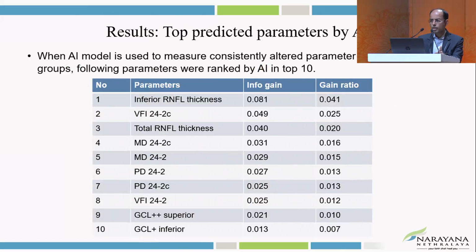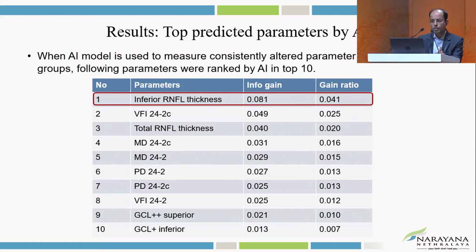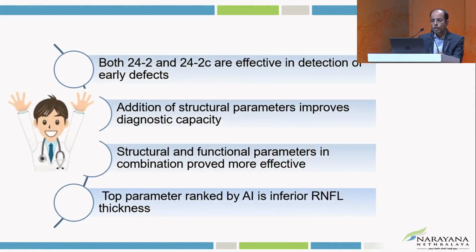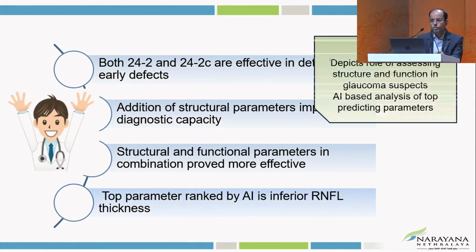When we study the top 10 ranked parameters, the inferior RNFL thickness came as the first predictive parameter by the AI. In conclusion, both 24-2 and 24-2C are effective in predicting early glaucomas, but when we add the OCT parameters, the predictive capacity increases.